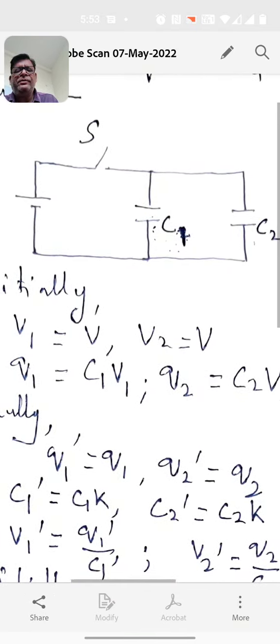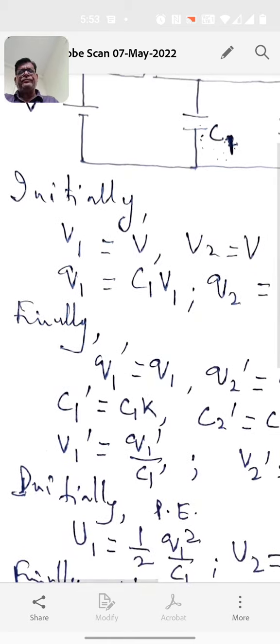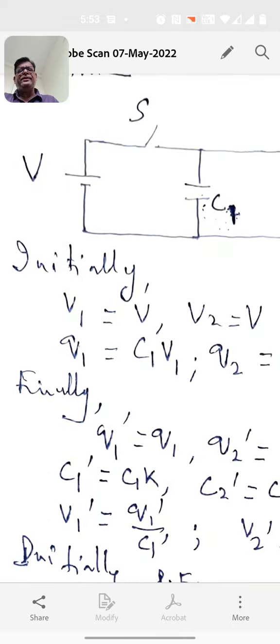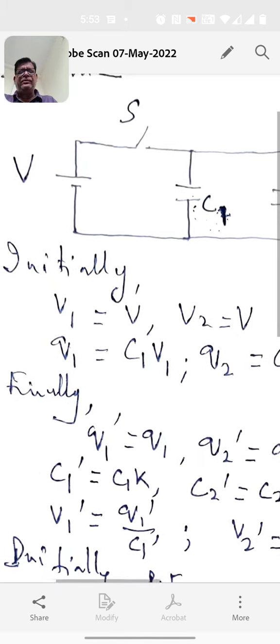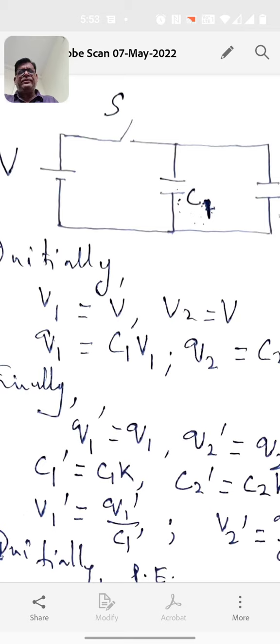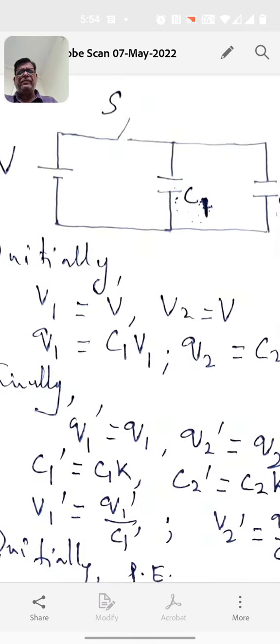Q1 is equal to C1 V1 and Q2 is equal to C2 V2. Finally, when switch F is opened and the dielectric slab is fully inserted, Q1 dash is equal to Q1 because the charge will be the same, and Q2 dash is also equal to Q2.